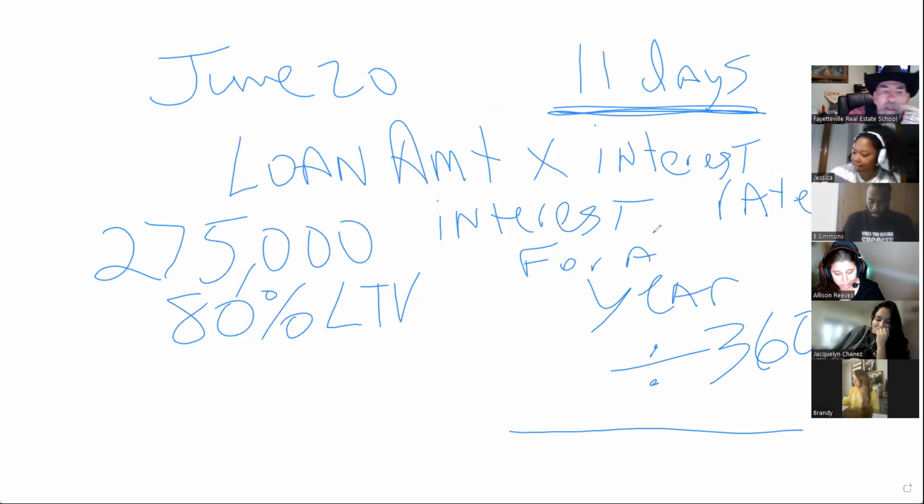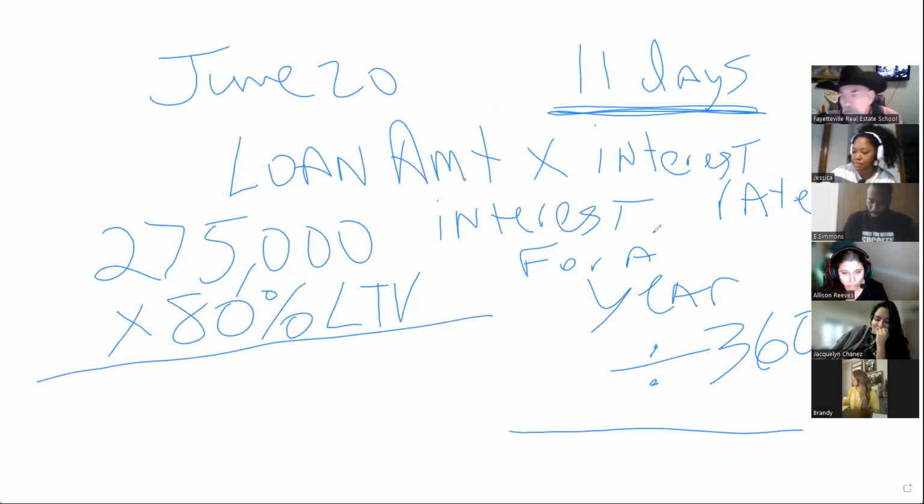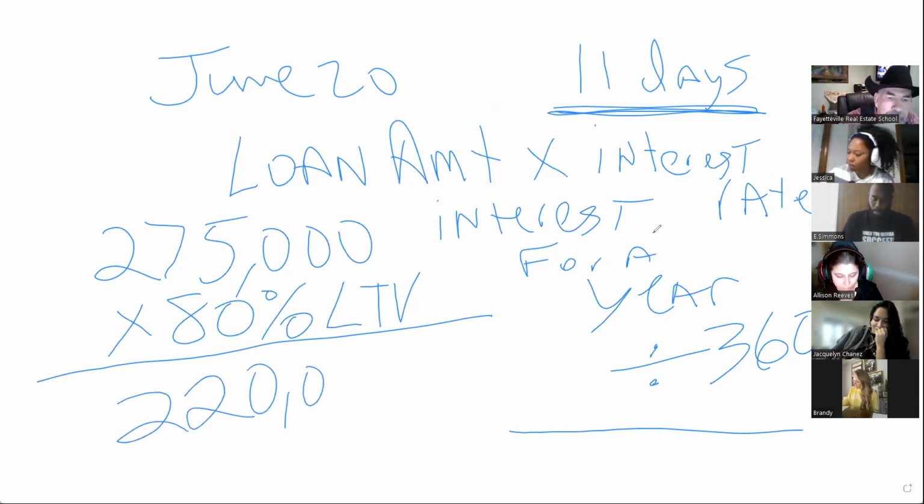So we're going to multiply 275,000, which is our purchase price, times the 80% loan to value. What does that come up to? 220,000. So the loan amount is 220,000. On the problem, it'll probably give us the purchase price and the loan to value, which then we can use to calculate the loan amount.